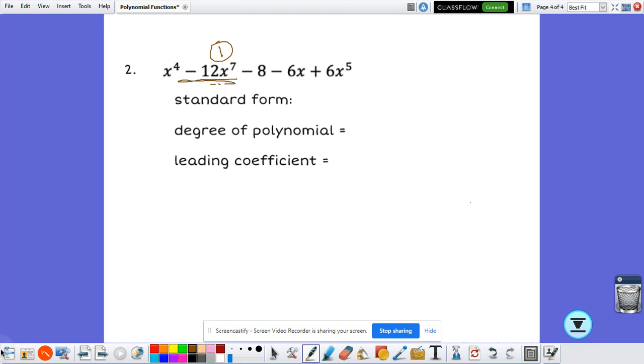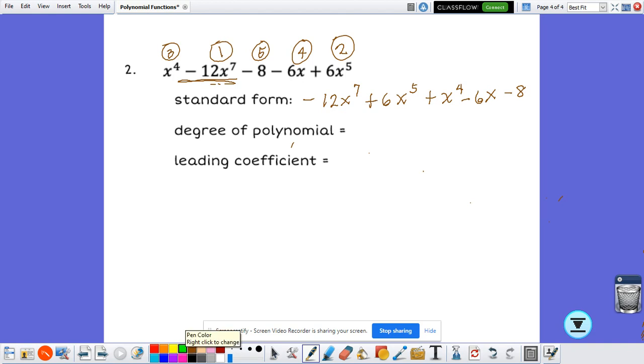So minus 12x to the 7, followed by 6x to the fifth power, followed by x to the fourth. If there is no sign before the term, that means it's positive. So it's positive x to the fourth, followed by negative 6x or minus 6x, and the last term would be minus 8.